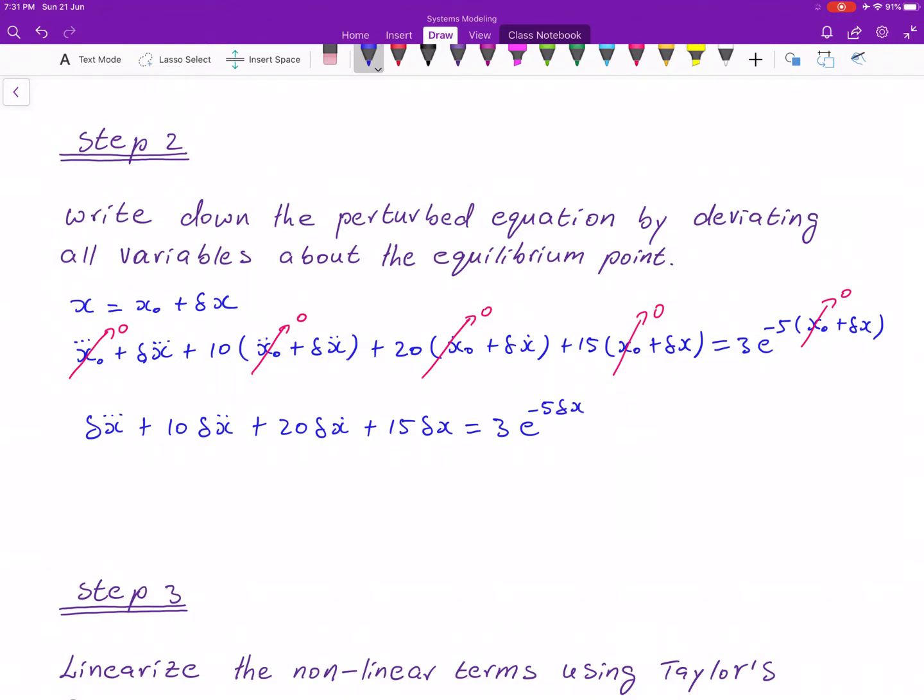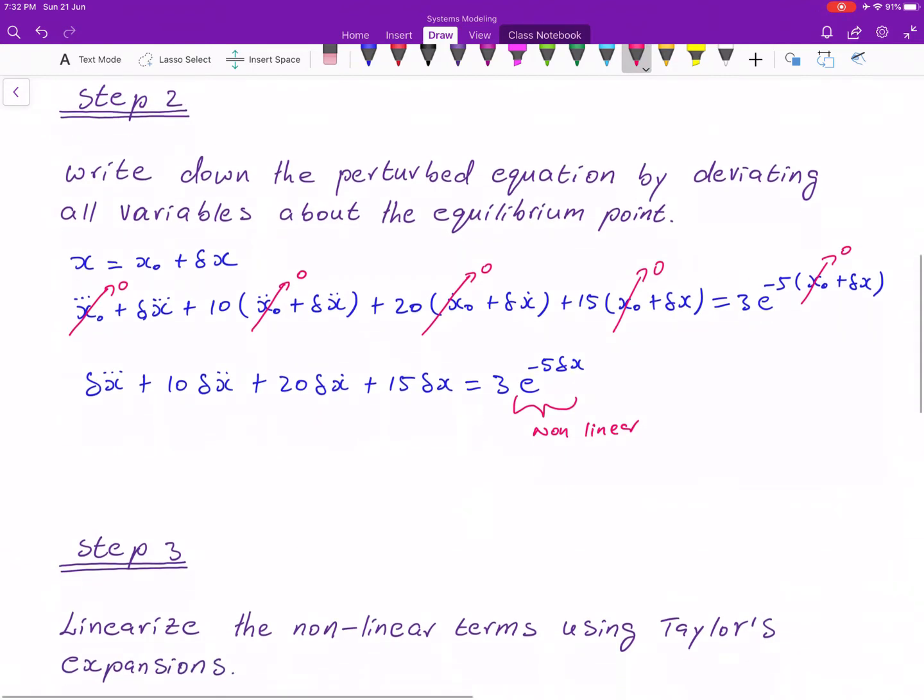And now, as we can see, this part is nonlinear, and we want to linearize that part. So we move on to step 3.